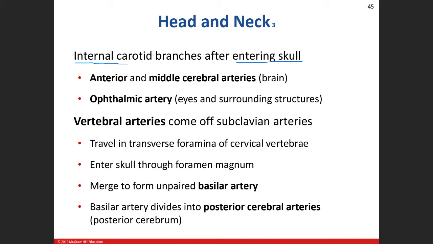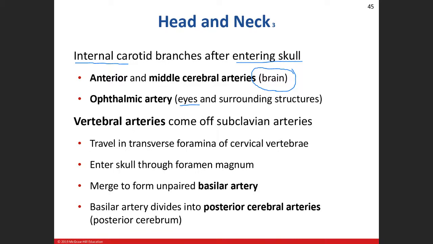And then what will happen in there is it'll divide. So we're going to see 2 of the branches here, the anterior and the middle cerebral arteries, and they're going to supply the brain. And then the ophthalmic artery, I think we can figure out what that's going to supply: eyes and the structures around the eyes, the muscles, some of the adipose tissue there and whatnot.